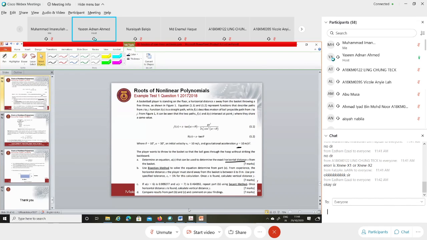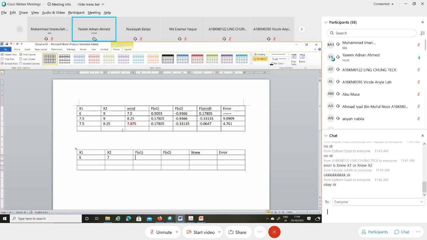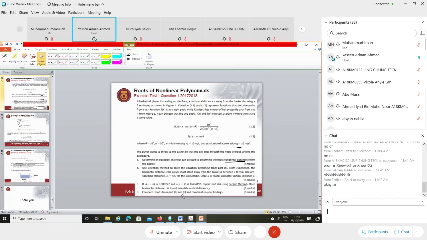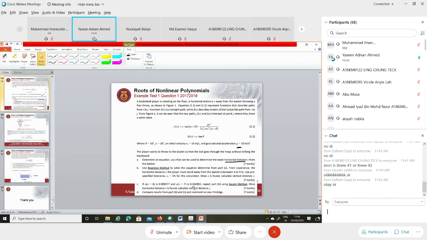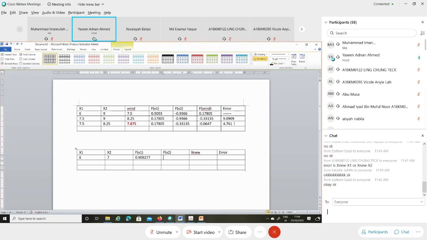Sometimes we help the students. So 6 you already know, right? 0.9093. How much was that? 0.909277. Okay. And for 7 also values are given. But not always is given. Okay, 0.464392. Then they calculate x new.